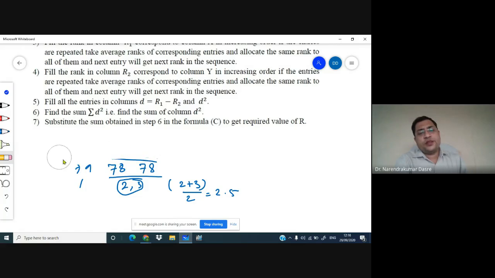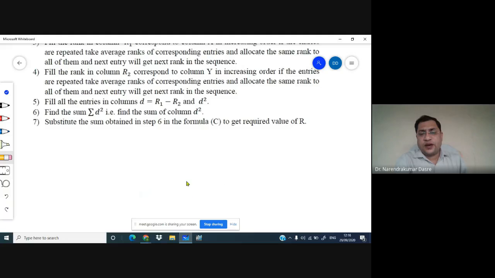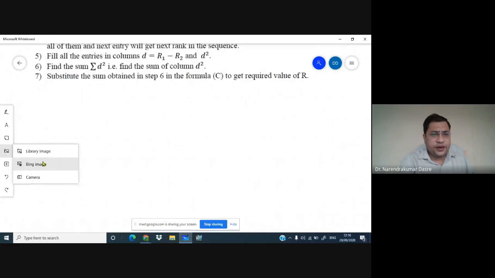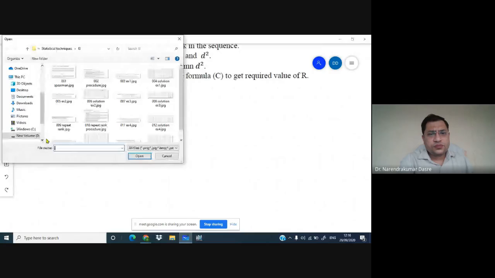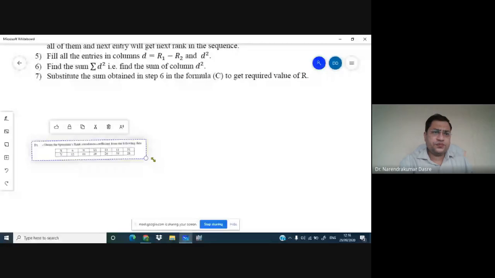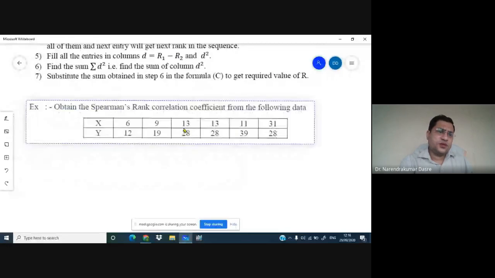Now let us see an example. So this is going to be example 3. We have to find the Spearman's rank correlation coefficient from the following data.